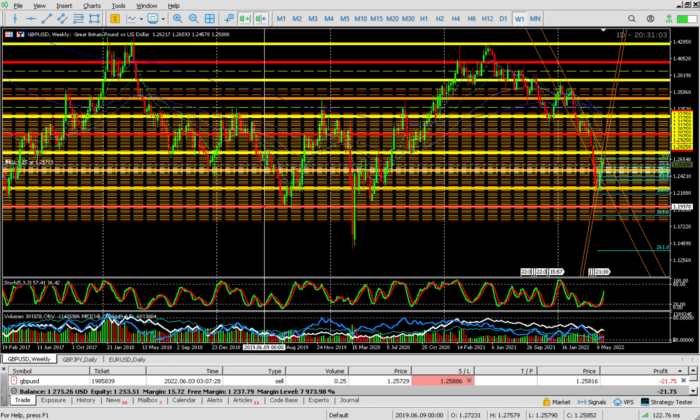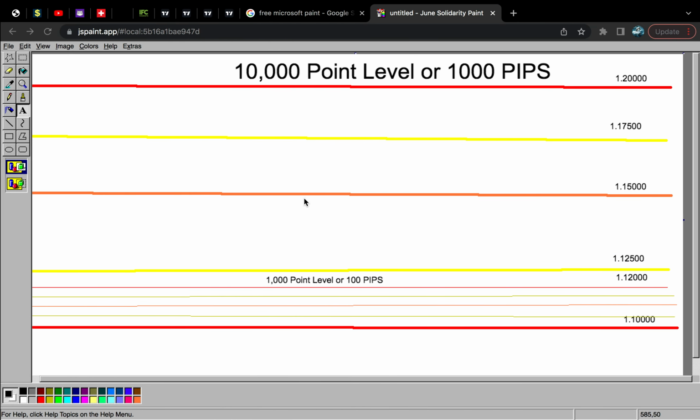So in between the 20,000 and the 30,000 is the 25,000, right? 1.25 thousand. And then in between these two, this is your half level right here, which would be this.